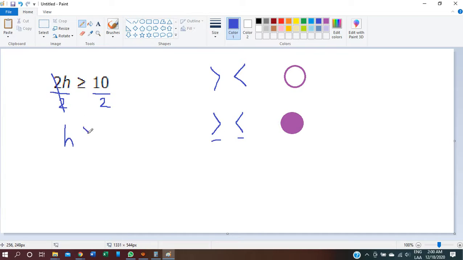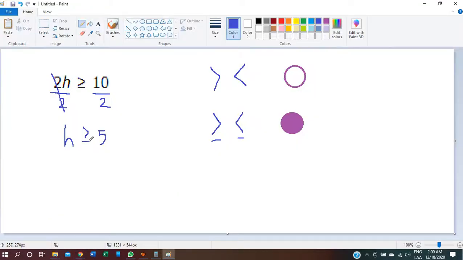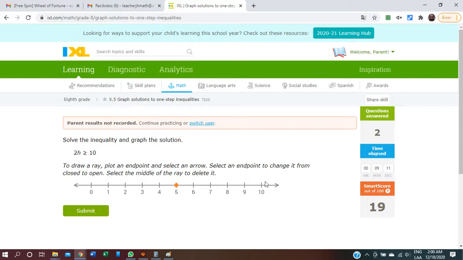We copy the symbol, and then we do this operation: 10 divided by 2 equals 5. Now we click on 5. There is a line, so we have to use a full circle, and it is pointing to the right, so we click on the right.